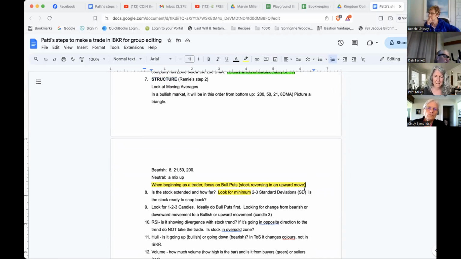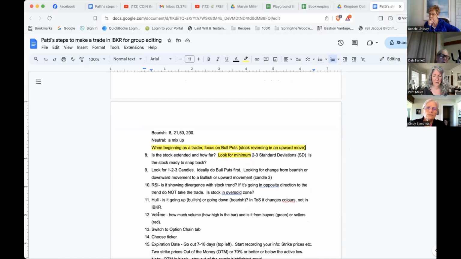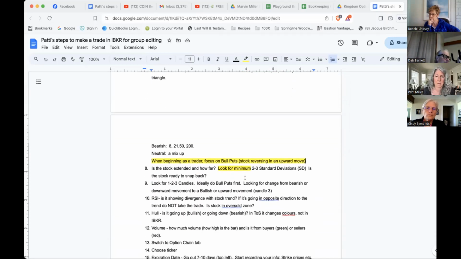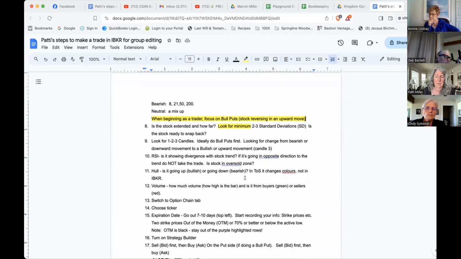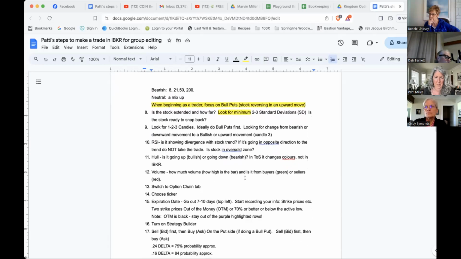I've got volume down here. Do we look at the volume yet, or do we look at the price action? When Ronnie was saying that, structure, sorry, it's called momentum.